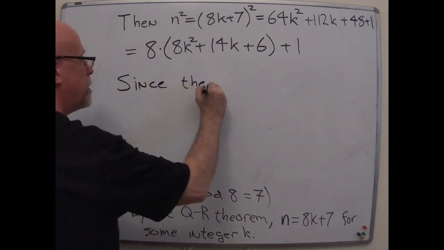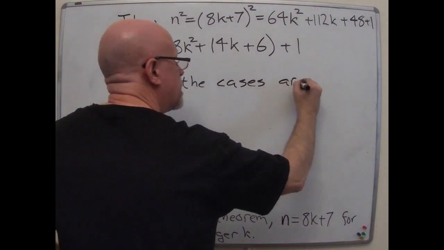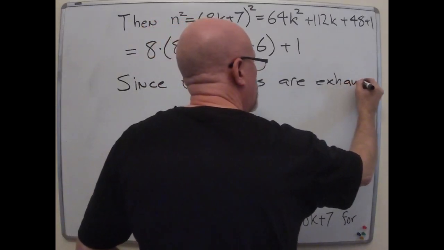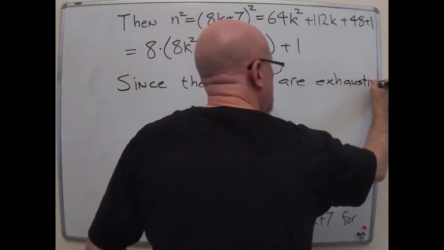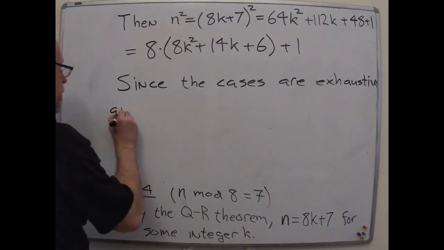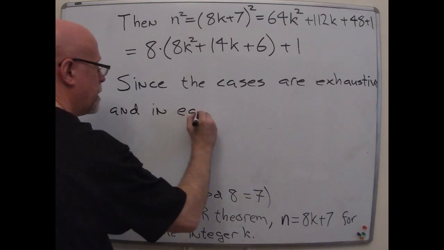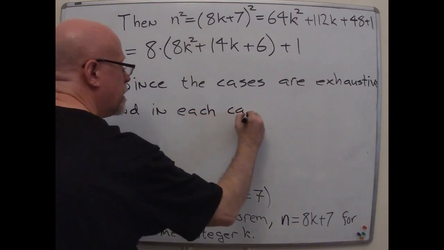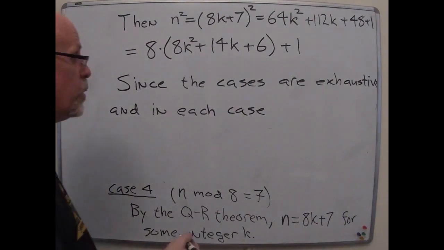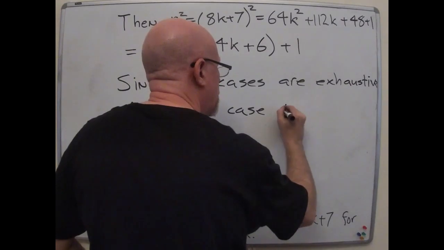Since the cases are exhaustive, which is just a way to say that they cover all the possible values for odd numbers, mod 8, and in each case, our result was true, or the result held.